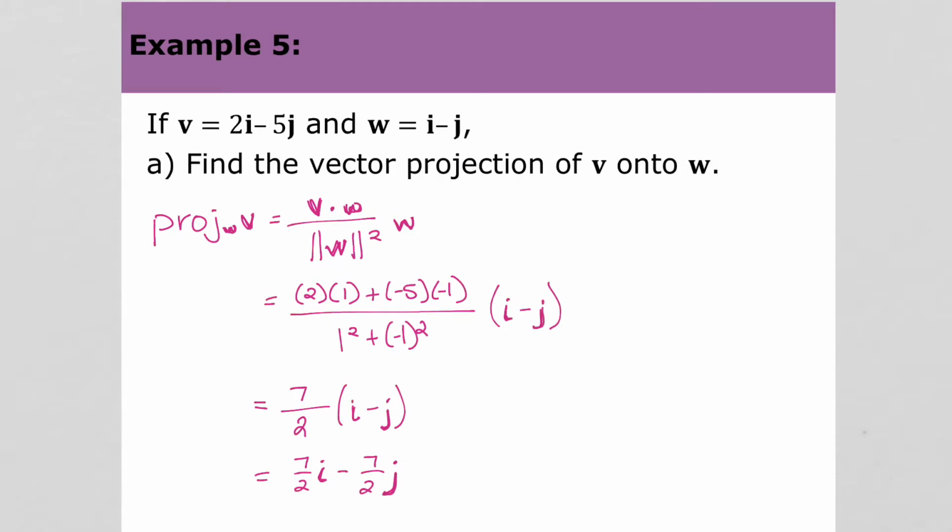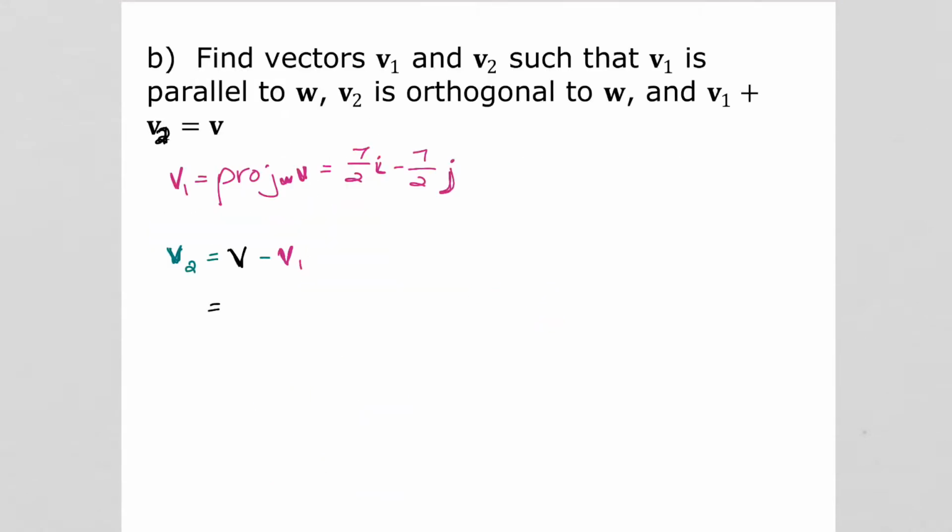And v was 2i minus 5j. And we're going to subtract v sub 1, which was 7/2 i minus 7/2 j.